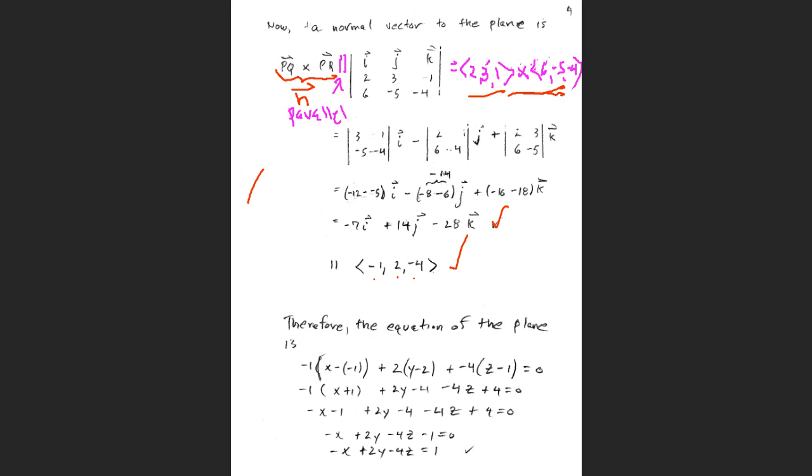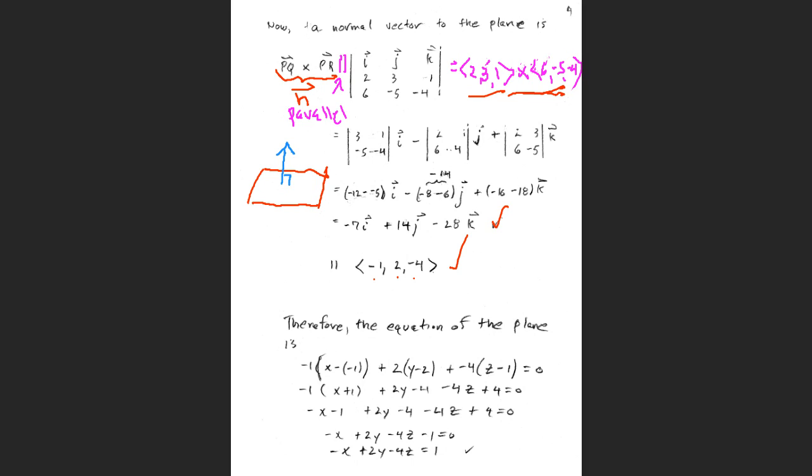So if we have our equation of a plane here, and you're right, if you do the cross product one direction, you'll get a vector maybe that is perpendicular and goes above the plane.